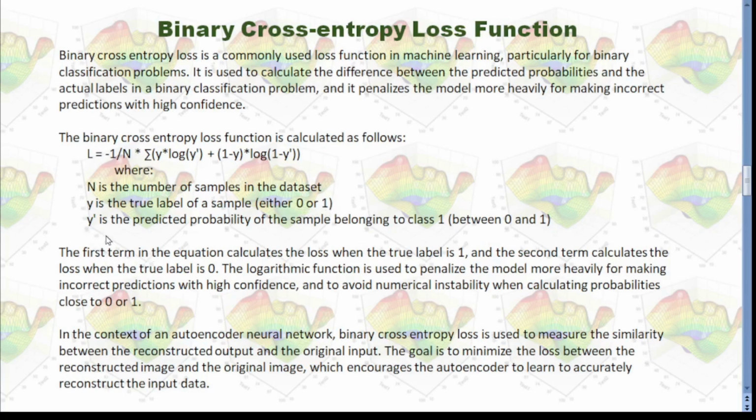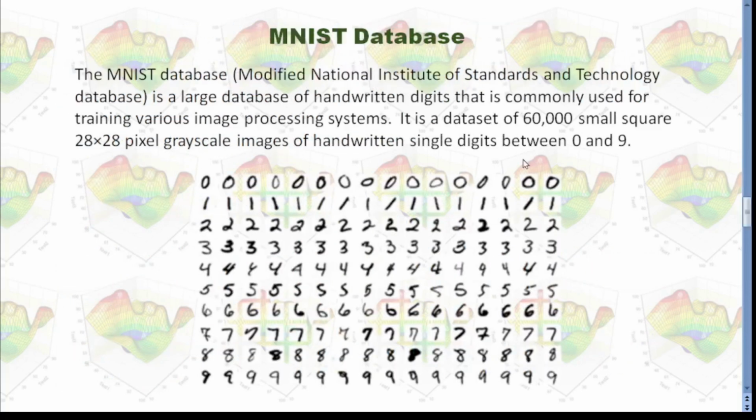And Y dash is the predicted probability of the sample belonging to class 1, so it will be between 0 and 1. In the future, I will make another video talking about this binary cross-entropy loss function in detail. Now, let's take a look at our data set.